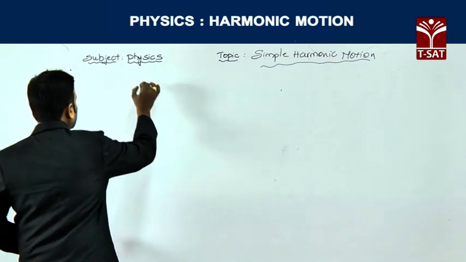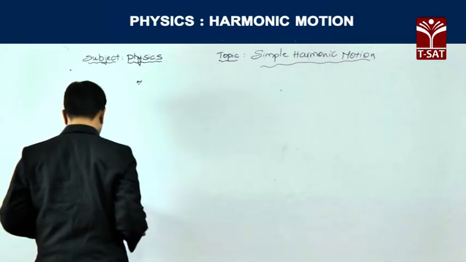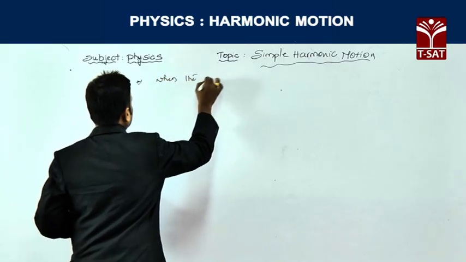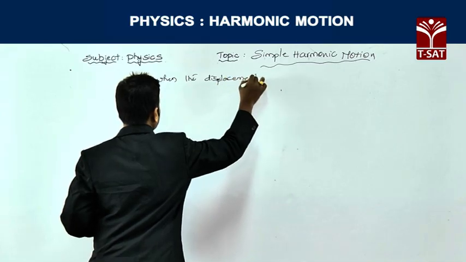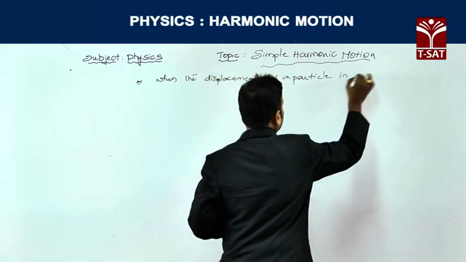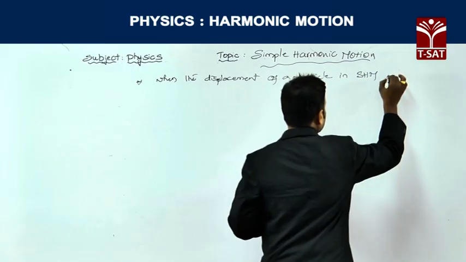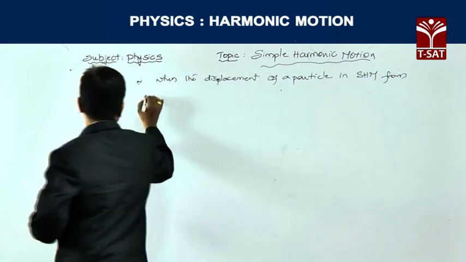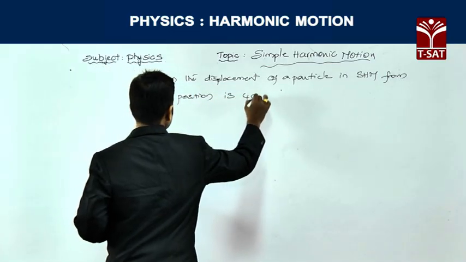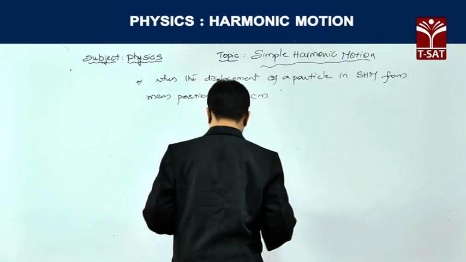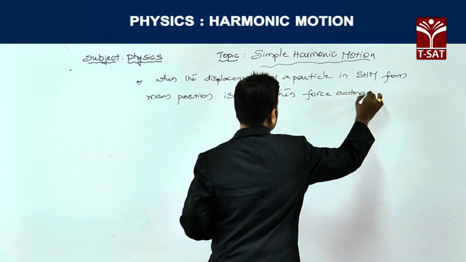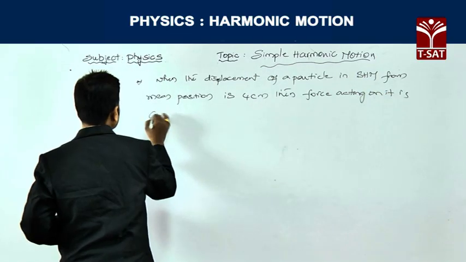First one, when the displacement of a particle in simple harmonic motion from mean position is 4 centimeters, then the force acting on it is 6 newton.